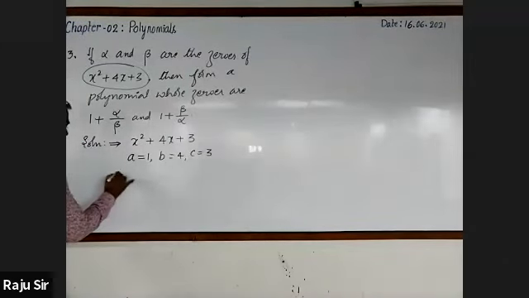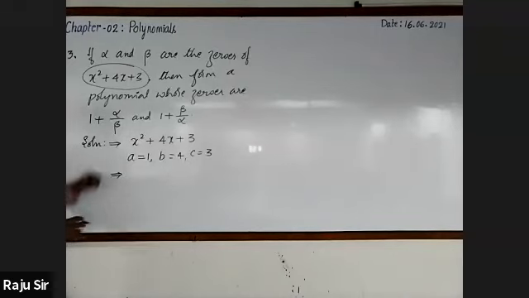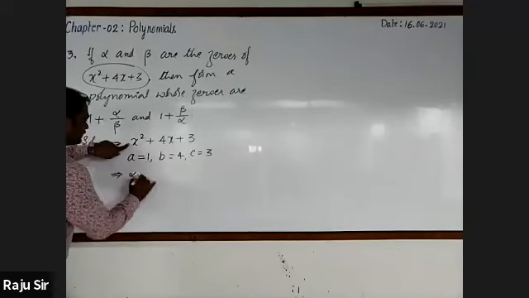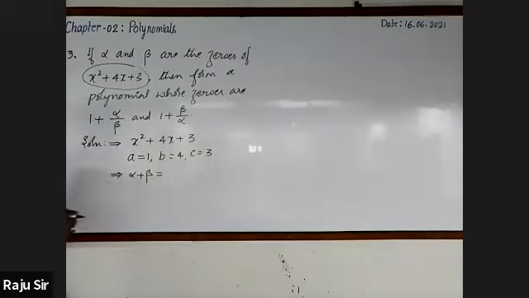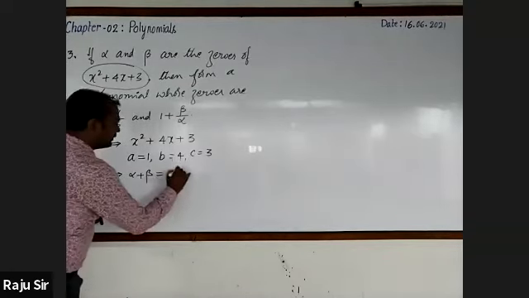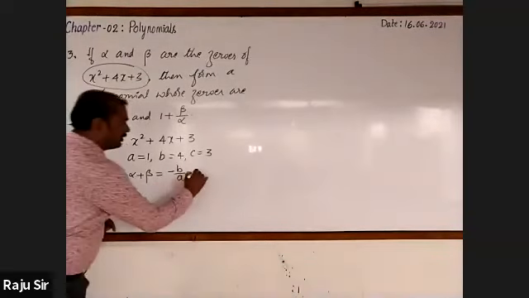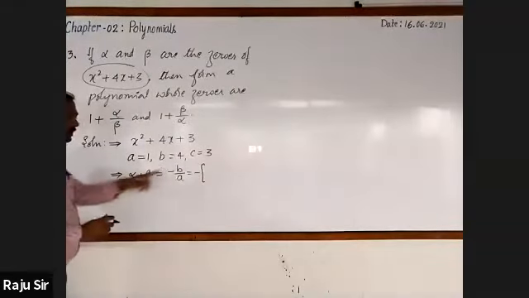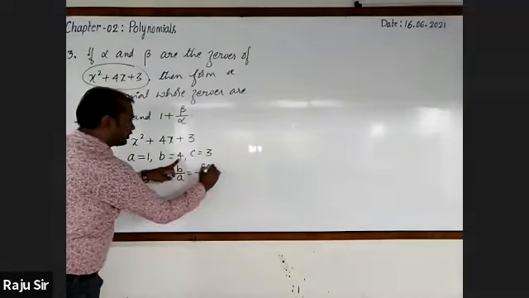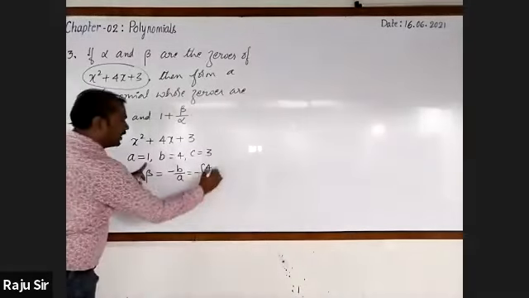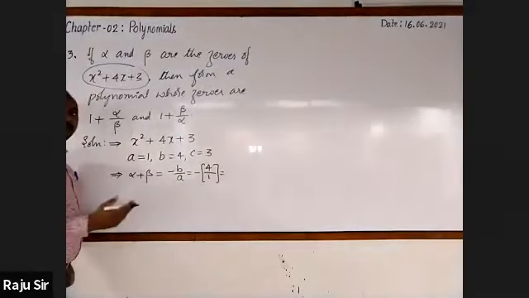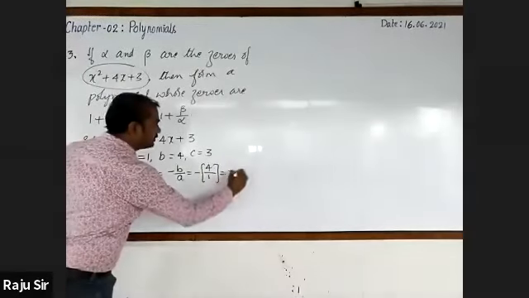Then we need to find out sum and product. Sum of zeros, that is alpha plus beta, which is minus b by a. That is equal to minus of substitute, where b is 4 and a is 1. So 4 by 1 is 4. Here is minus. Let me write minus.